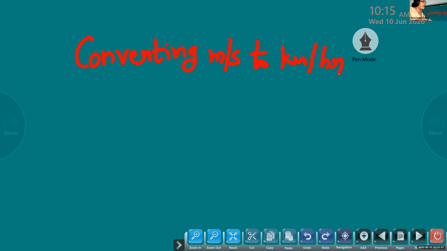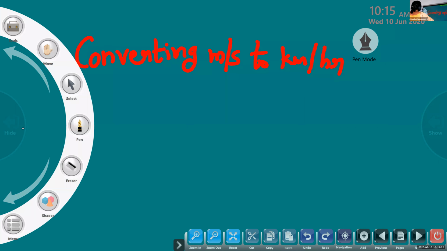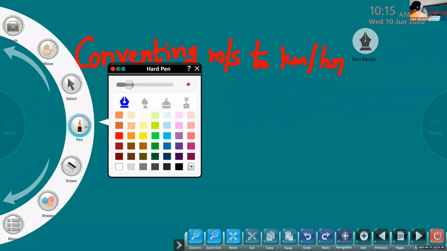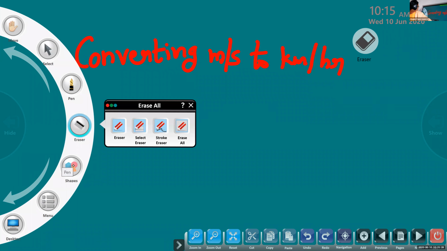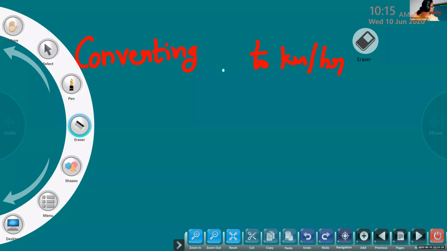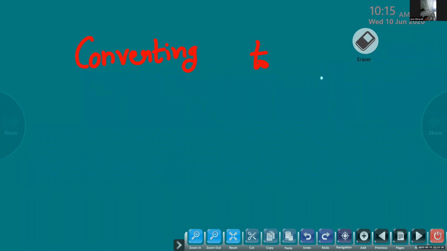Converting meter per second into kilometer per hour. Before that, first we go to kilometer per hour into meter per second, which will be easier for you.